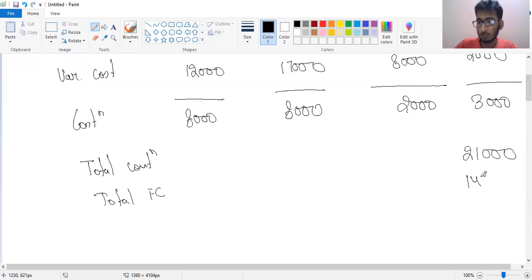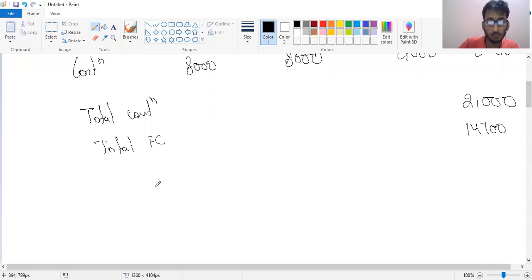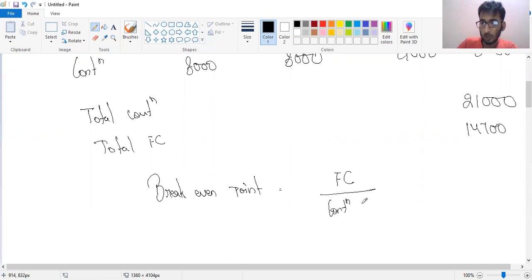What is the formula of break-even point? Break-even point is fixed cost divided by contribution per unit. But here in this question, we are not given the total quantity of sales.